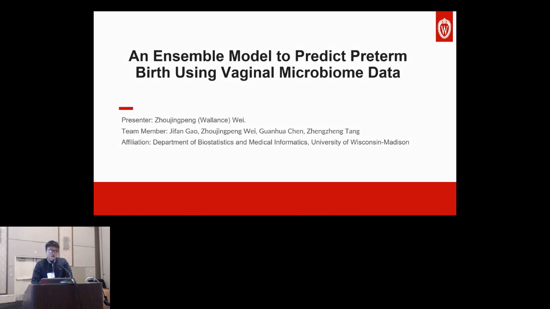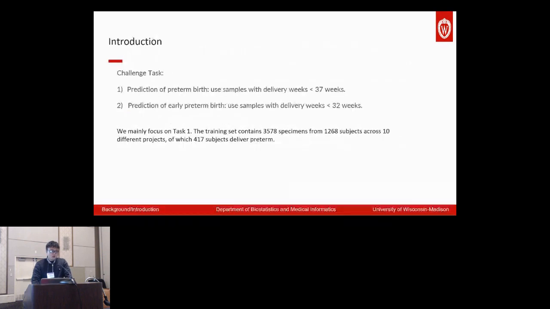My topic today is the ensemble model to predict preterm birth using vaginal microbiome data. For the introduction, the Preterm Birth DREAM Challenge has two tasks. Task one is the prediction of preterm birth, which uses the vaginal microbiome data collected from pregnant women.